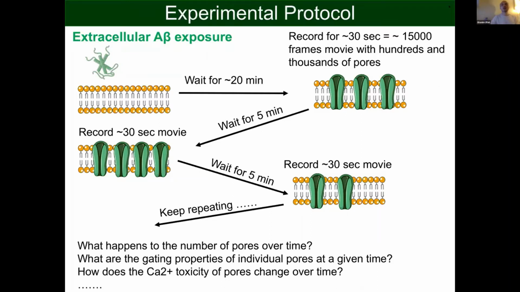Then he records the calcium flux going through these pores into the cytoplasm for about 30 seconds, which is about 15,000 to 20,000 frames a movie. That movie images a 40 by 40 micron region of the cell membrane, and that has hundreds and thousands of pores.